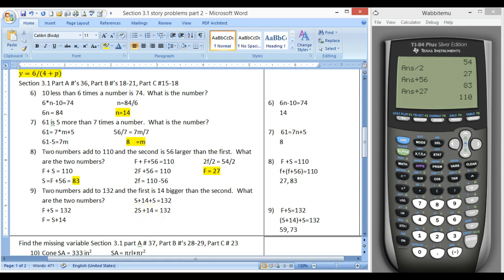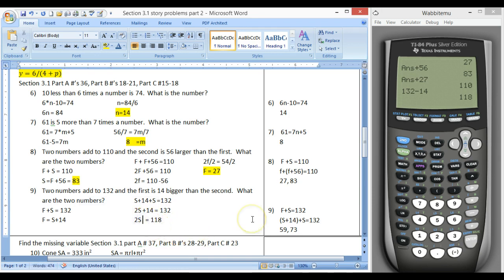Now I need to isolate the s. To do that I need to subtract 14 from both sides, which leaves me on the left-hand side 2s. Subtracting the 14 cancels, and I get 132 minus 14, which gives me 118 on the right-hand side. There we go.